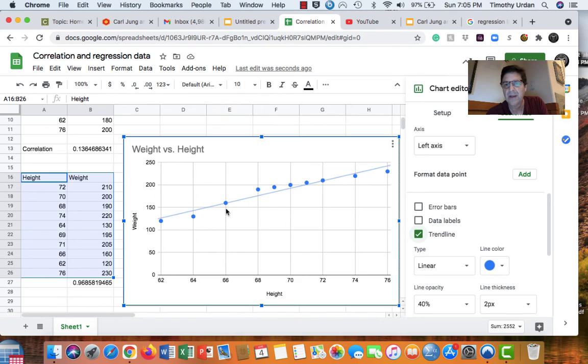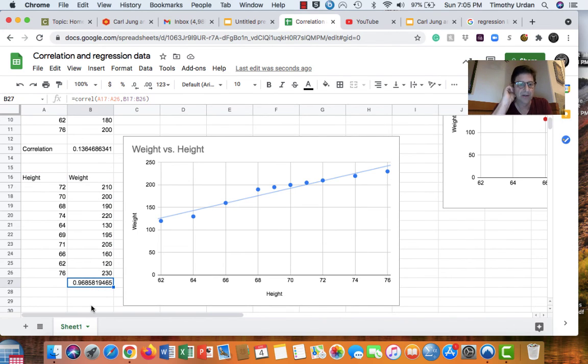This shows that if I know somebody's height, I can predict their weight really accurately. And that is reflected in this number right here, which is the correlation coefficient of a super strong 0.968. So that's how it works.